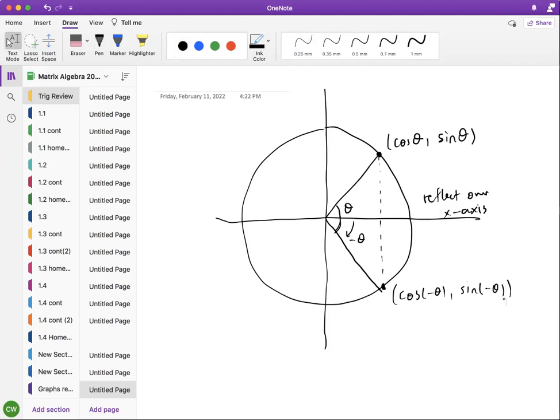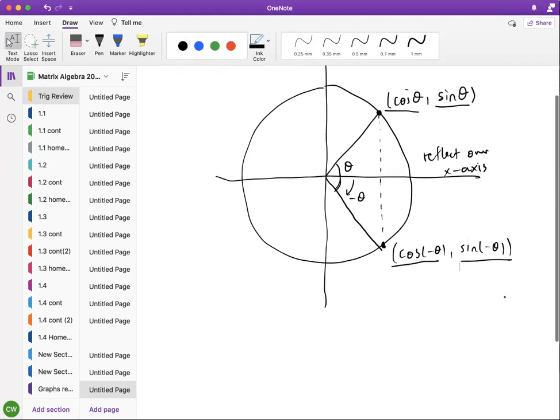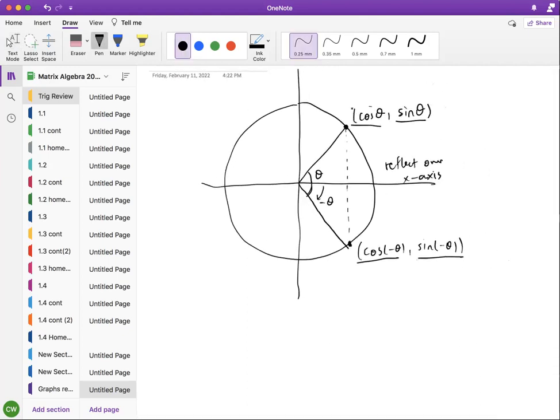However, does anyone remember the relationship when you reflect over the x-axis? What is the relationship between the x values when you reflect, and what's the relationship between the y values? I mean, you could just look at the picture. Well, the x values don't change, right? But the y values get negated.